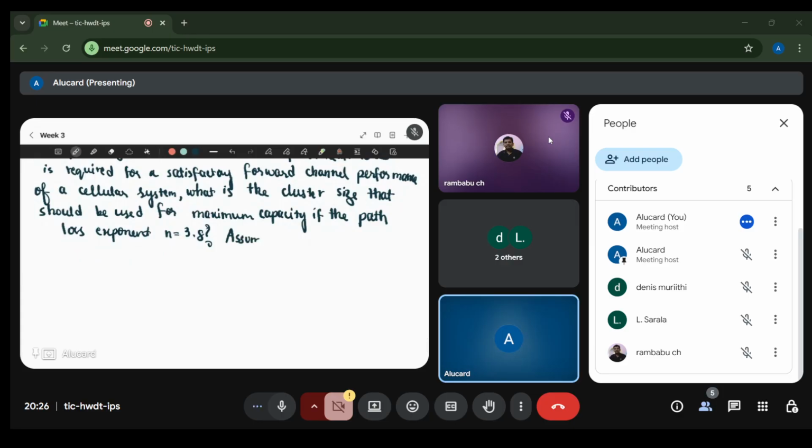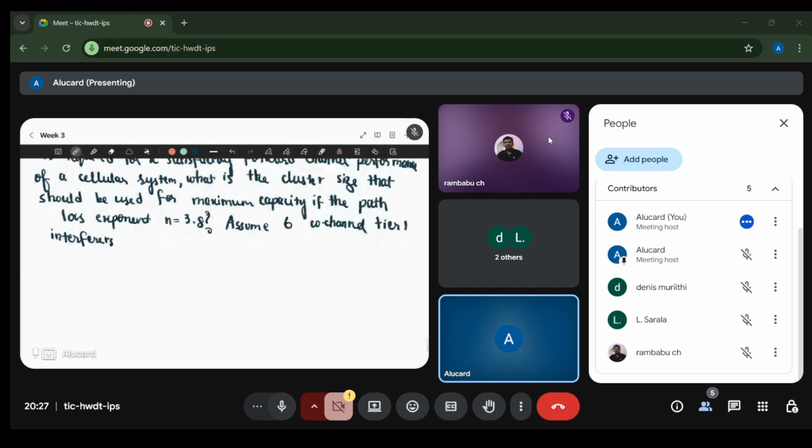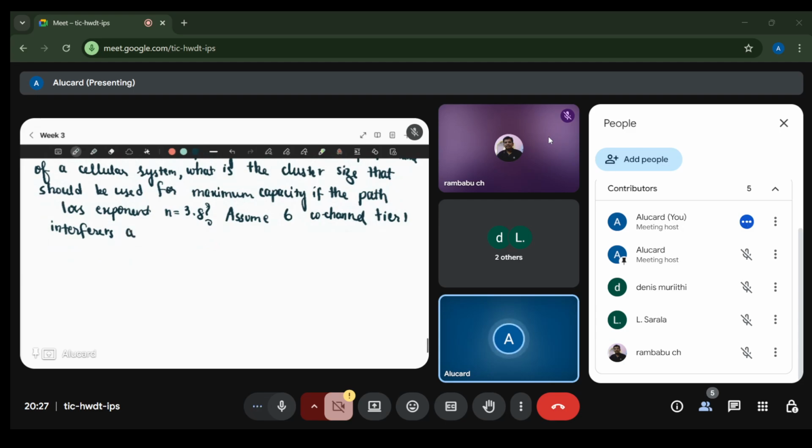Assume 6 co-channel tier 1 interferers at the same distance from the mobile station.